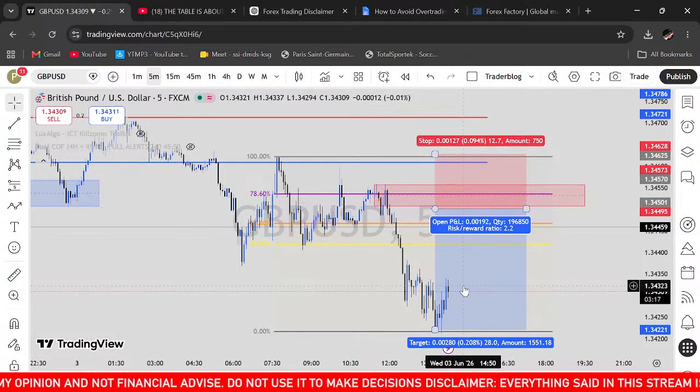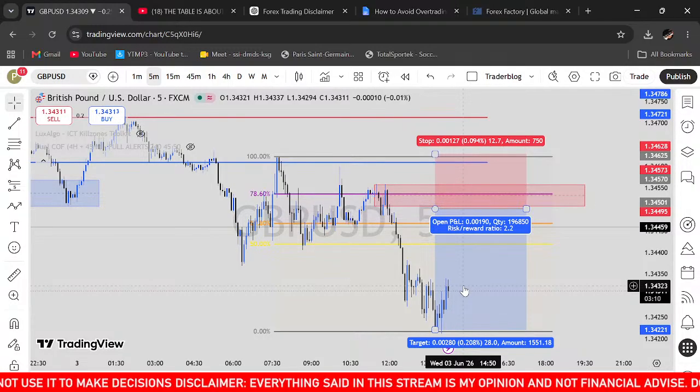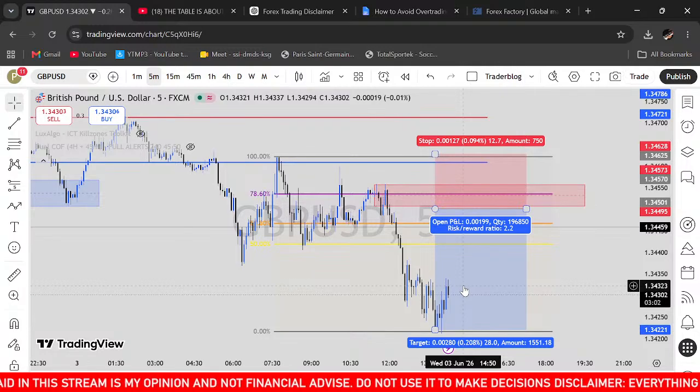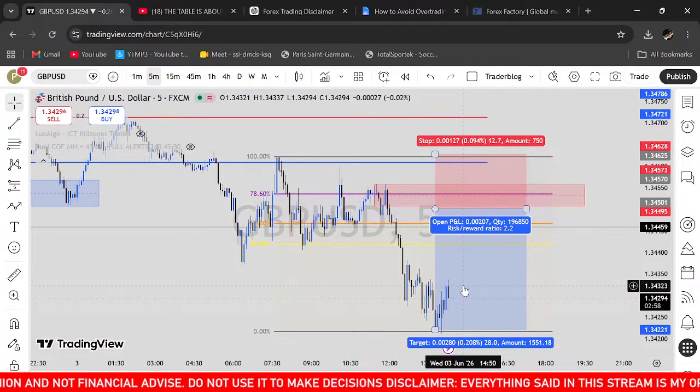Now, prop firms, whether you are undisciplined or disciplined, the results will show. Some people have prop firm accounts and then in 3 days, they have used up most of their daily drawdown, their overall drawdown. If you have like a 10% or a 12% overall drawdown, they have used up 6% in 3 days. How?